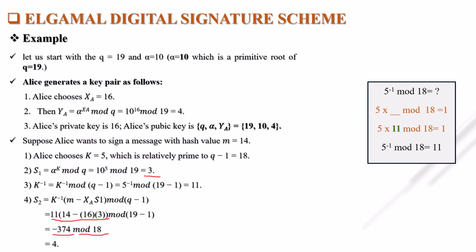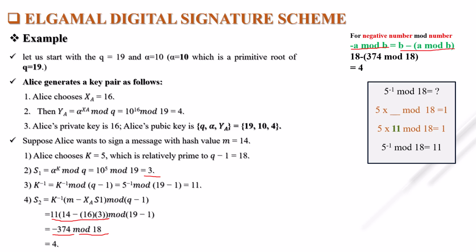The answer is 4, but you may have a problem with how to find a negative integer mod 18, or a negative integer mod any value. For finding this we have a simple formula. Suppose we have a negative value, minus a mod b is the same as b minus (a mod b). Is it clear?